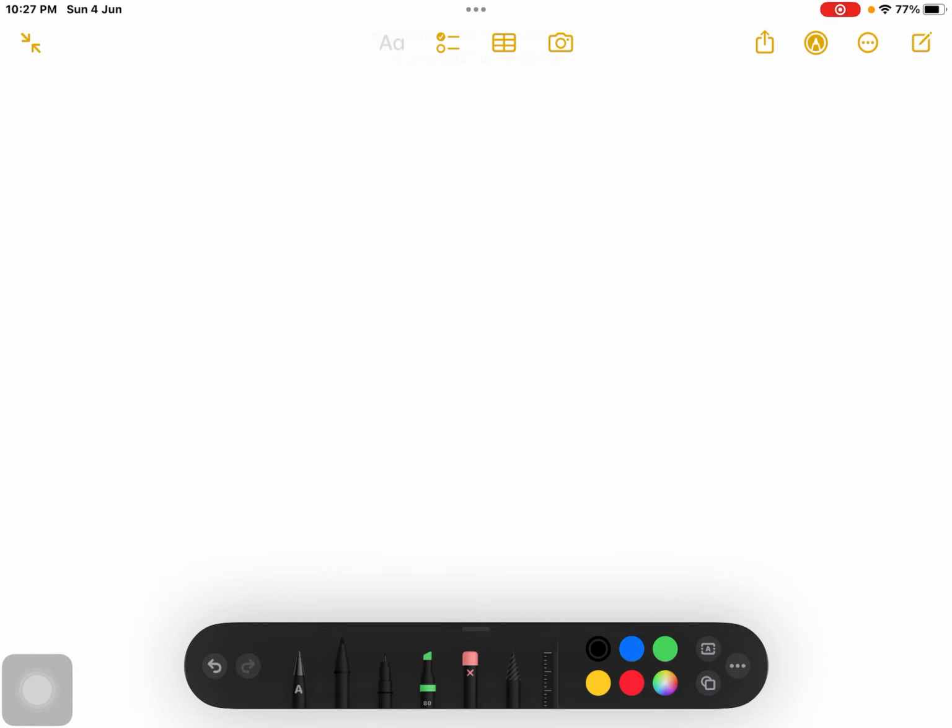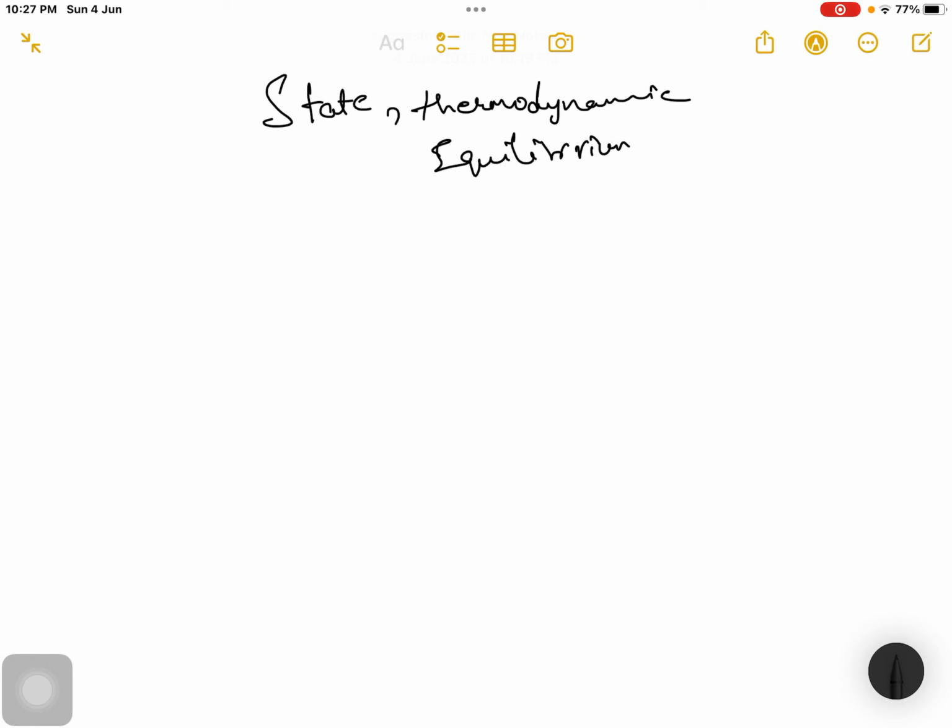In the previous class, we discussed state and thermodynamic equilibrium, as there are four thermodynamic equilibria.